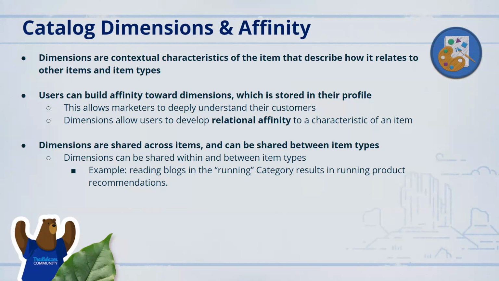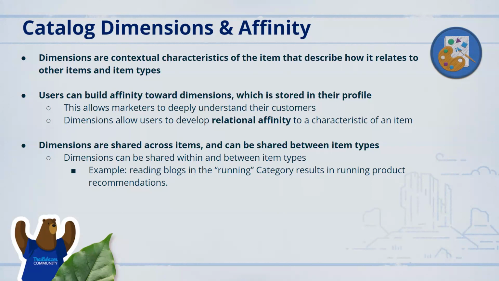So now we'll dive even deeper into those dimensions. Dimensions are the contextual characteristics of the item that describe how it relates to other items or item types in your catalog. As a reminder, dimensions are items themselves, but they're different from the pre-built item types like the product and the blogs.